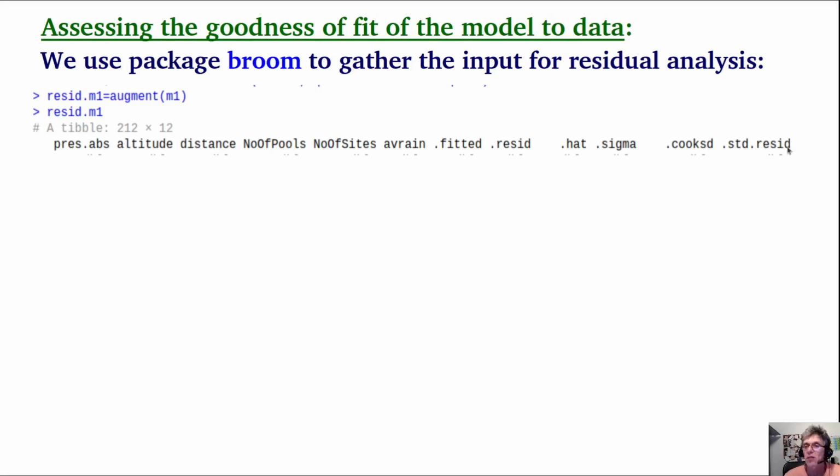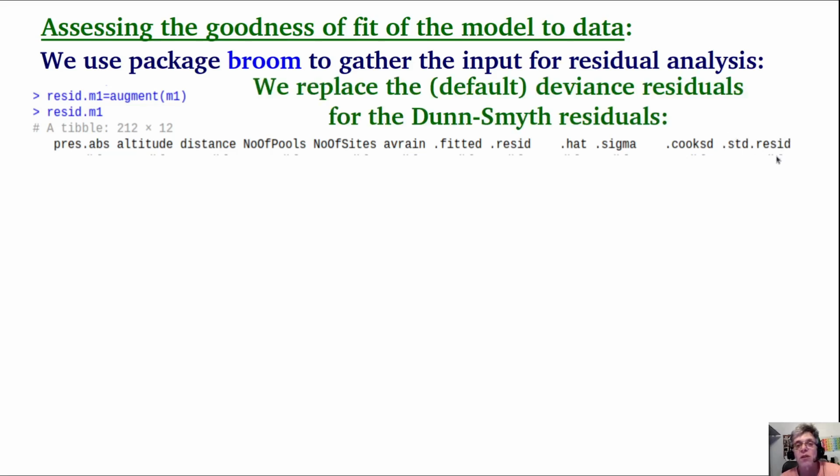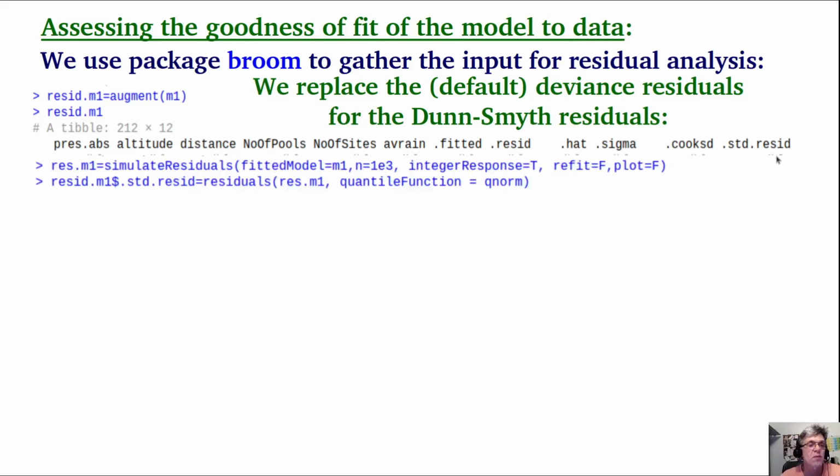These standard residuals are the deviance residuals. And then we are going to replace this default deviance residual with the Dunn-Smyth residuals, and these Dunn-Smyth residuals are obtained with the command simulate residuals of the package DHARMa, in which we simply add the model name and the number of simulations that we want, given that we have an integer response.